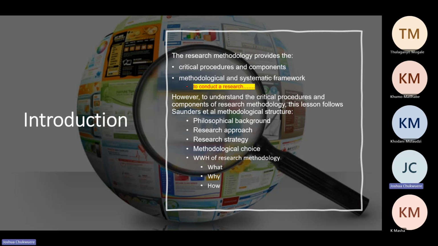So there are critical procedures you must follow. I said last time that research is about replication. That is why at the end of the day you are asked to write a section on reliability, verification, durability and the rest, to show that whatever you have done as a researcher can be replicated. Can someone get to the same or similar findings?